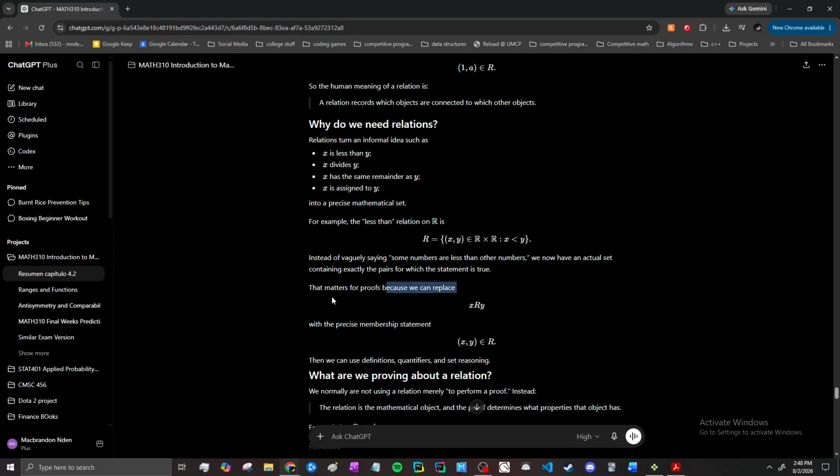Wait, so you're saying it's math for proof because we can replace it with the precise membership statement.